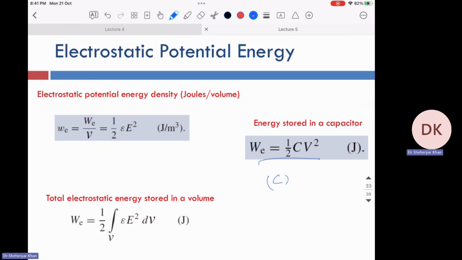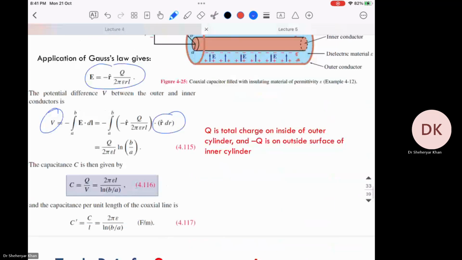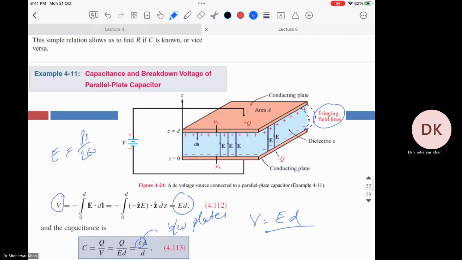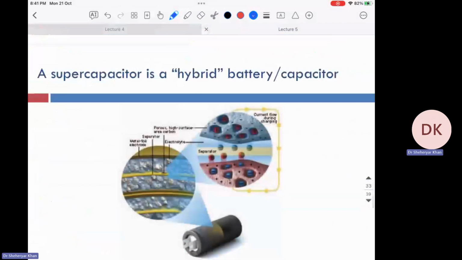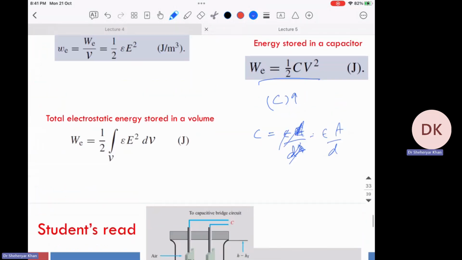That means if you have more capacitance, you have more energy, right? And C is equal to epsilon naught epsilon r A over D.